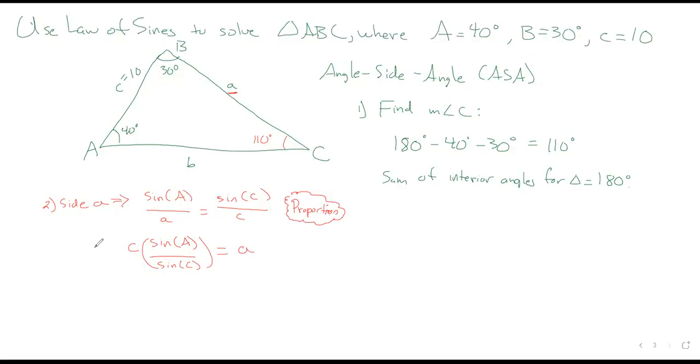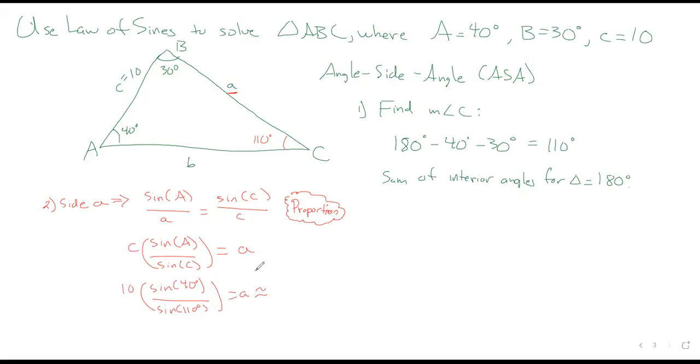Now I can plug in my numbers. C is 10. Sine of A is sine of 40 degrees. Sine of C is sine 110 degrees. Too big a zero there. There we go. This is the exact answer for A. So now I can choose my approximation, use my technology to give me a pretty good answer.